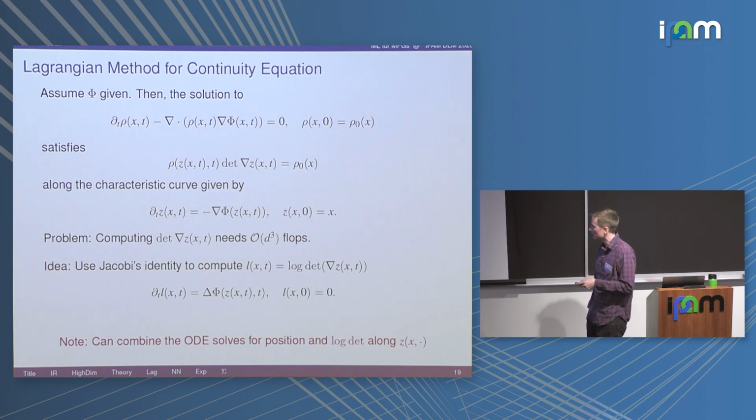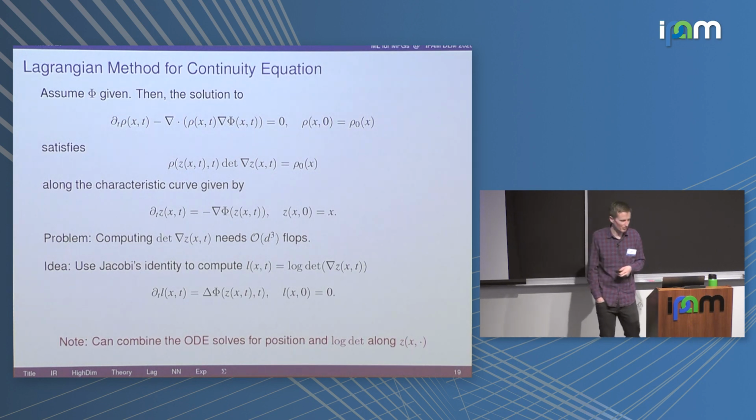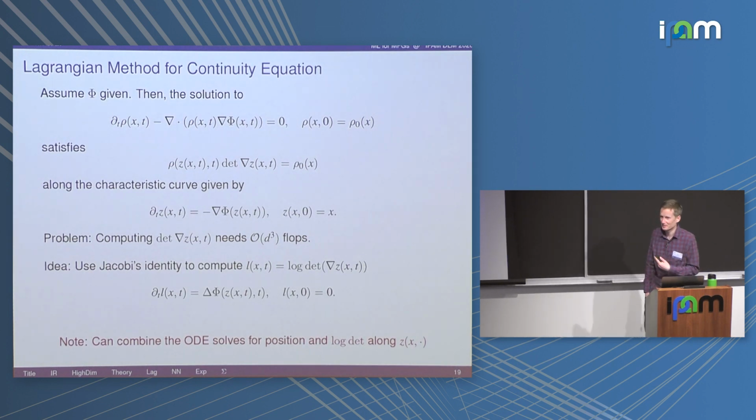So how this in general goes is you take the trace of grad z. If you integrate that along the characteristics, you get the log determinant. And in our case, since z is the gradient of phi, and the trace of the Hessian of something is the Laplacian, we get this quite beautiful result that we can integrate.